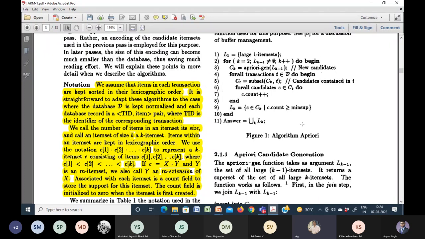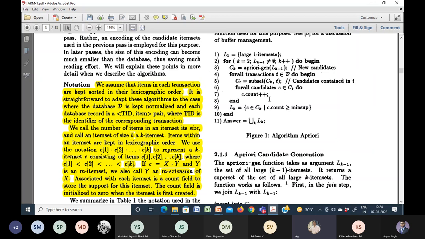So we assume that the items in each transaction are kept in lexicographically sorted order, right? So in every transaction items are in lexicographically sorted order, so typically I2 will come before I3 and so forth, right?